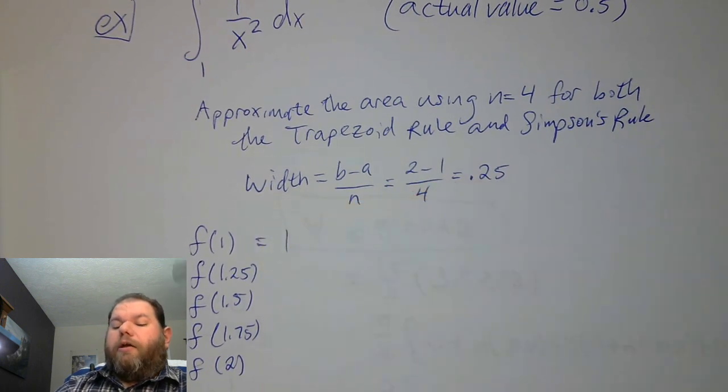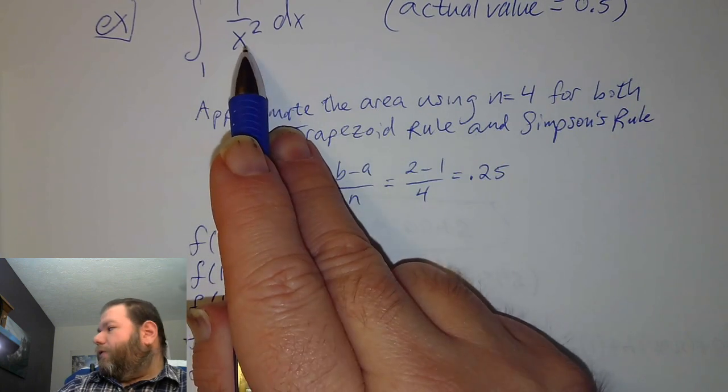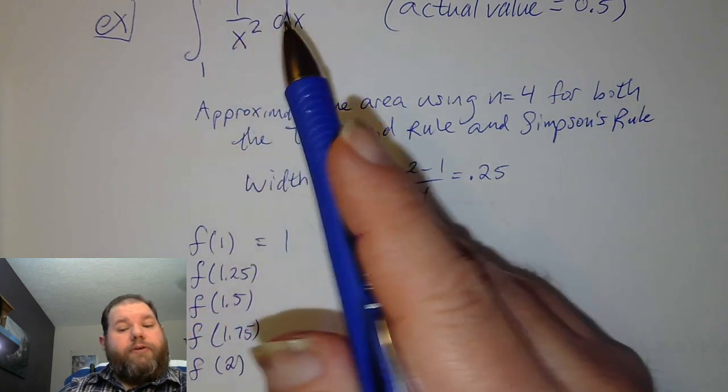Okay. Now we plug in x equals 1 to 1 over x squared, so 1 over 1 squared is just 1.